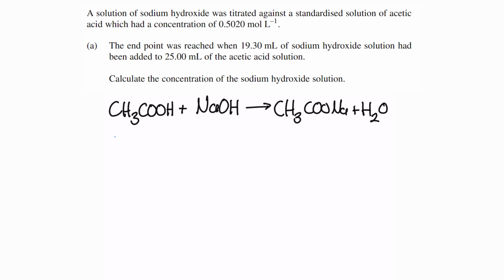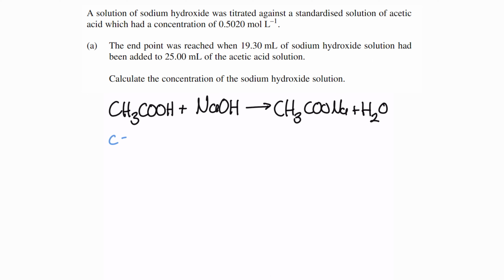The next thing I want to do is extract all the information from the question and write each piece of information under the relevant chemical. Now I check, is everything balanced? And yes, everything's balanced, so everything is in a 1-to-1 ratio.